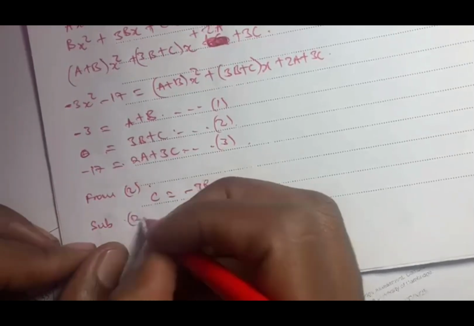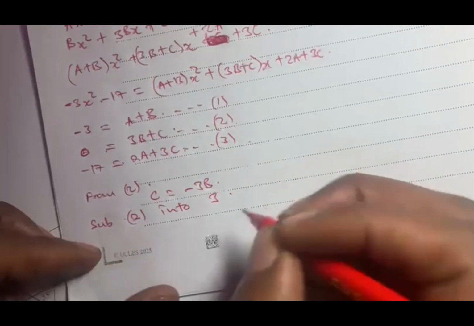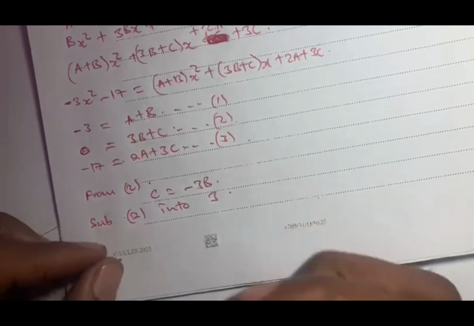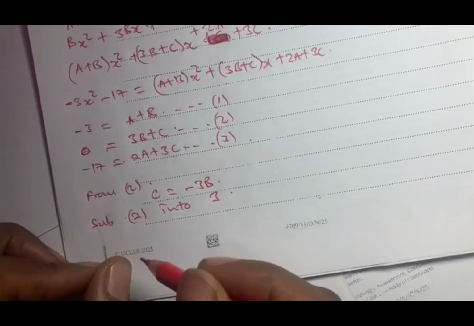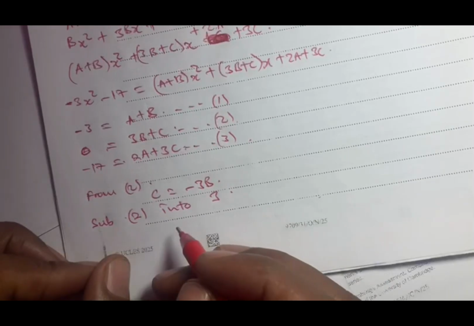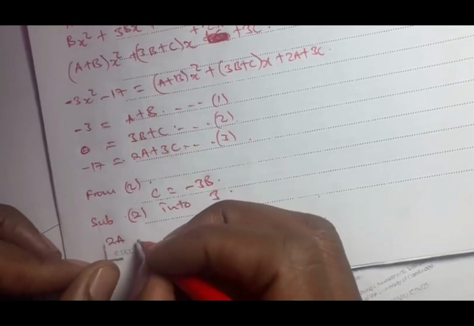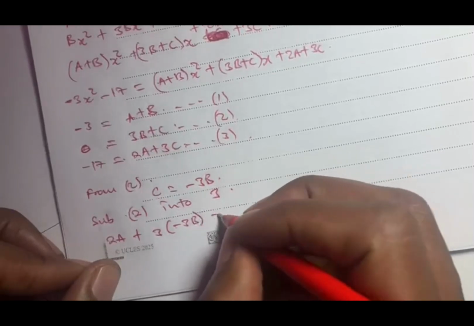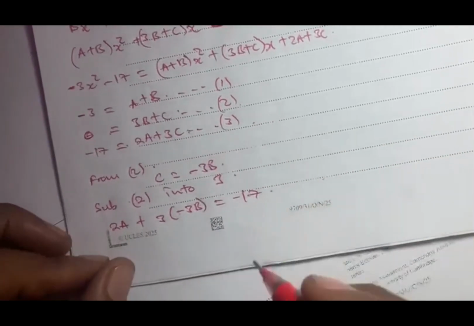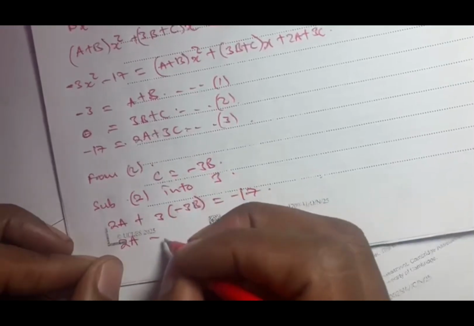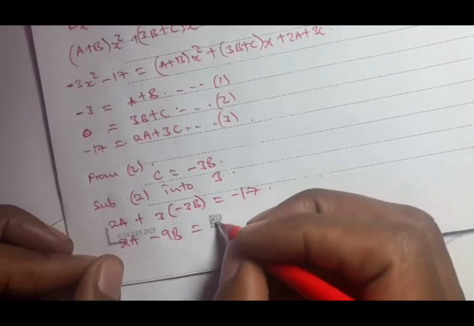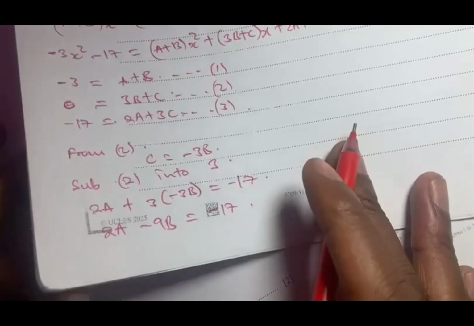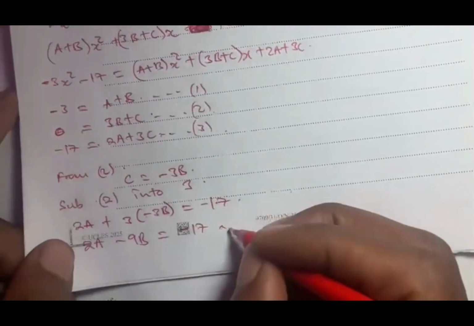That gives me 2a plus 3 open bracket minus 3b is equal to minus 17, which gives me 2a minus 9b is equal to minus 17. So this becomes equation number 4.